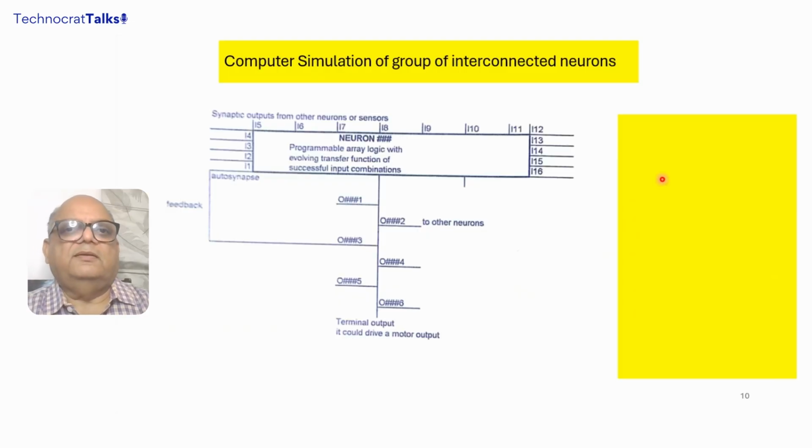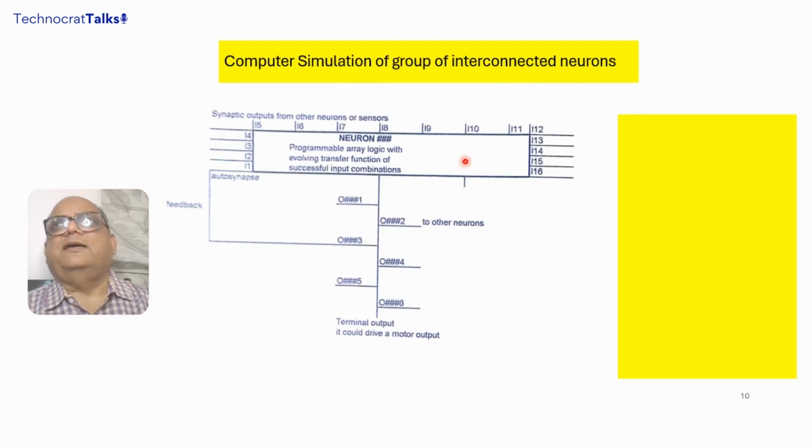So for each neuron, assume that this rectangle is a neuron. It has several synaptic inputs, say I1, I2, I3, I4, I6 to I16 possibly. And some of them are coming from its own output. So this is an autosynapse. That output is coming back here again, and inside it is some kind of a programmable logic array.